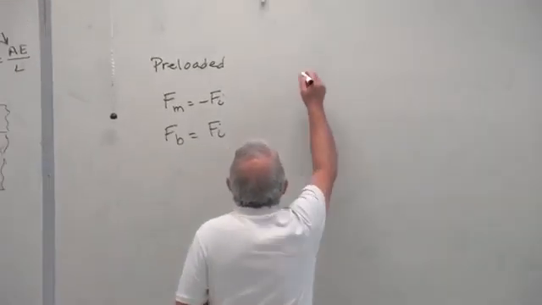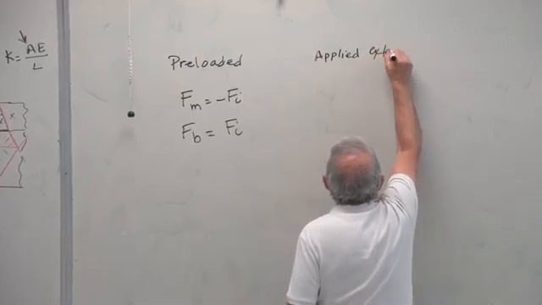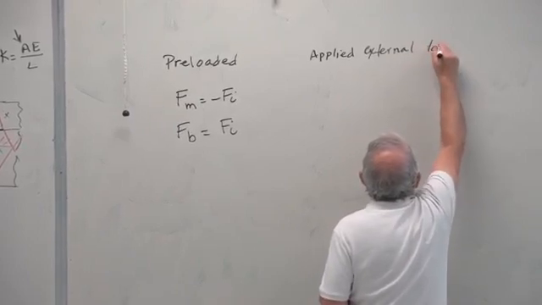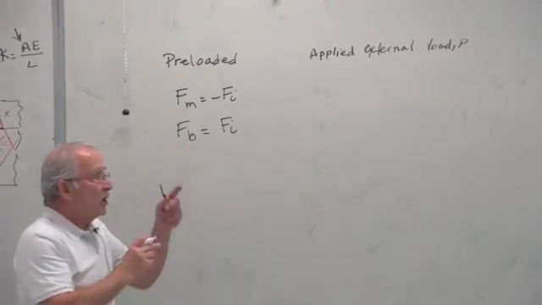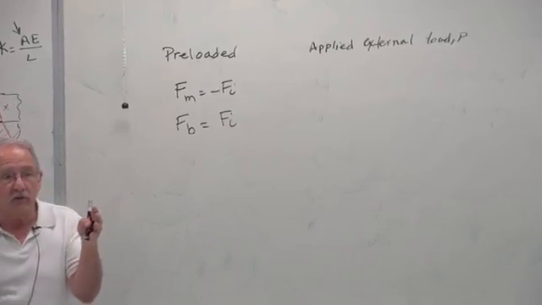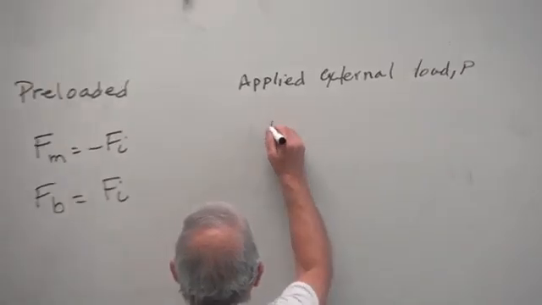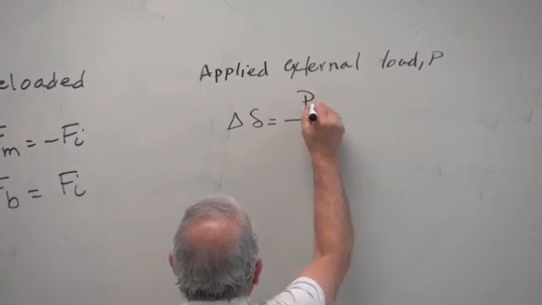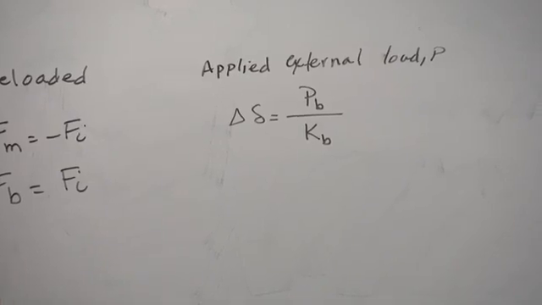So the applied external load P, if that is the change in the deformation of the member or the bolt, then it follows that delta delta must be equal to PB divided by KB.